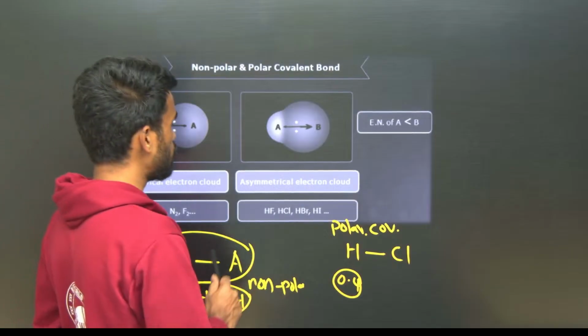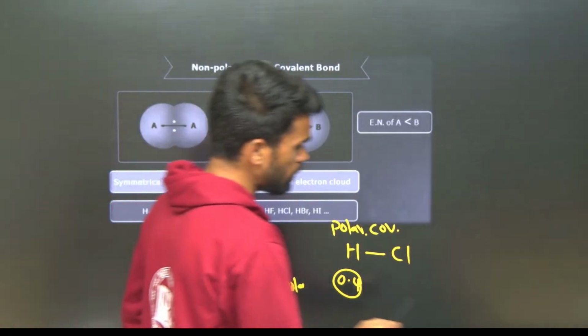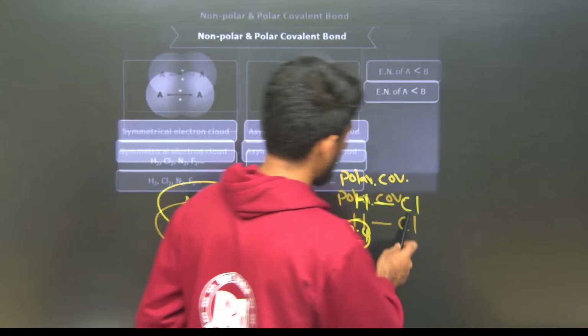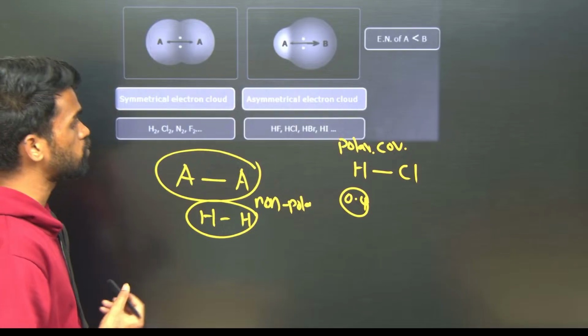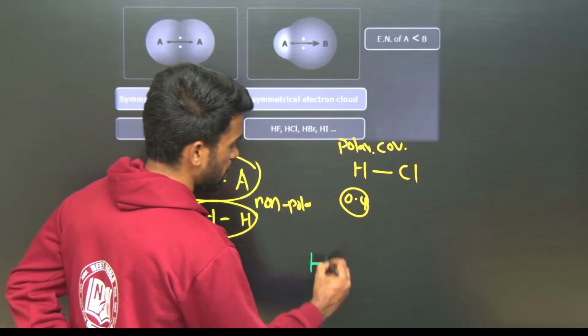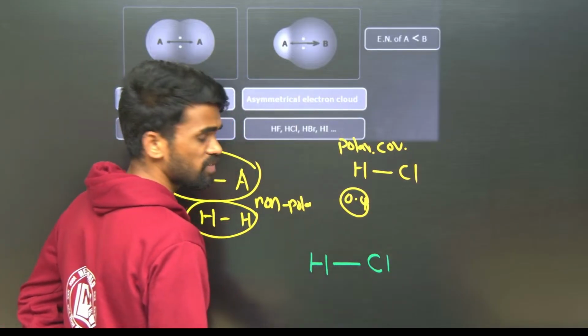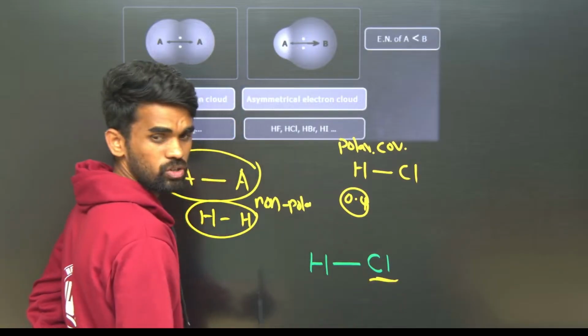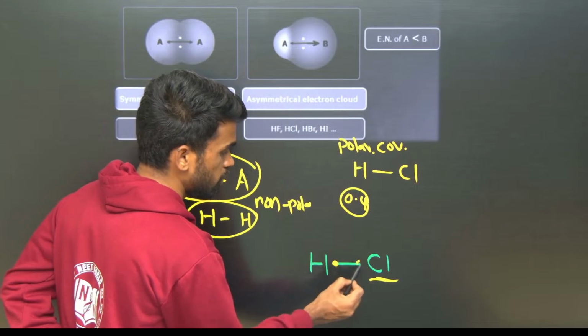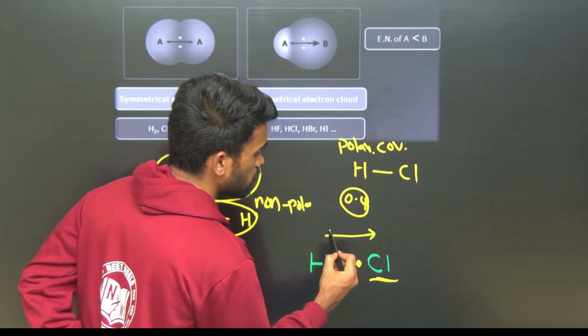Now we will be discussing the dipole moment that arises in covalent bonds. So what exactly does dipole moment mean? For example, HCl here, chlorine will have more electronegativity. So the bonded electrons are dragged towards the chlorine side.